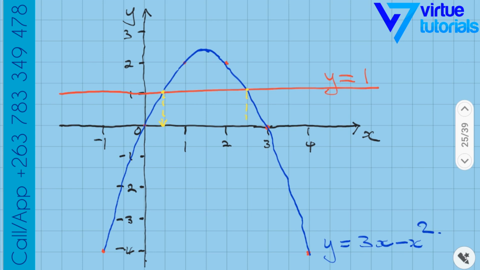towards the x-axis to get the x values, right? What's the x value here and what's the x value there? So that there looks almost like a 0.4 and that there looks like a 2.5. Okay? So those are our roots.